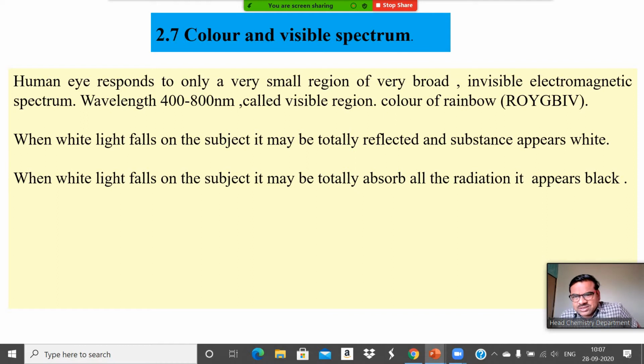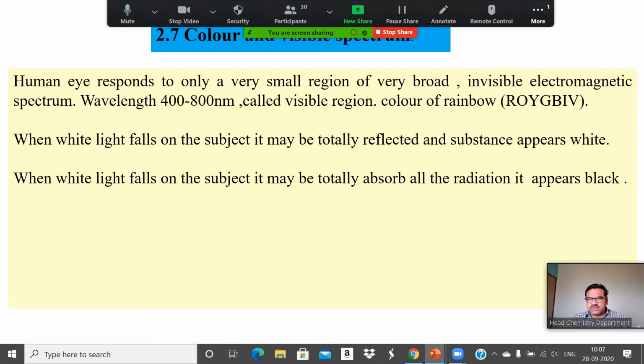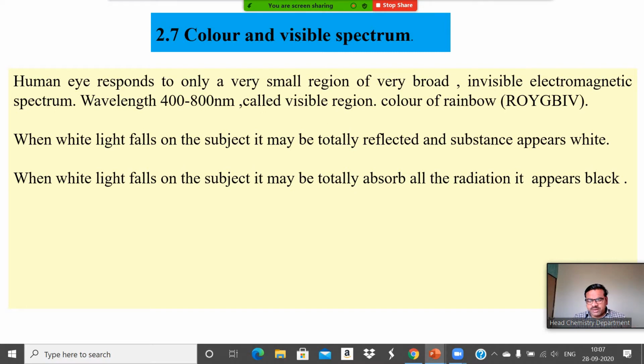Now look at this. When white light falls on an object, it may be totally reflected and the substance appears white. In the summer season we always wear white clothes. Why? Because in summer we have a lot of heat and we try to save ourselves from the heat. What is the reason behind wearing white clothes?